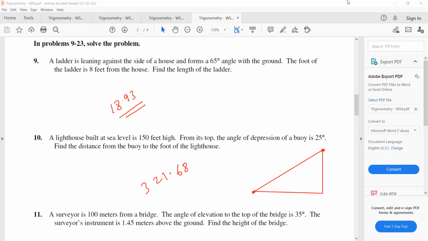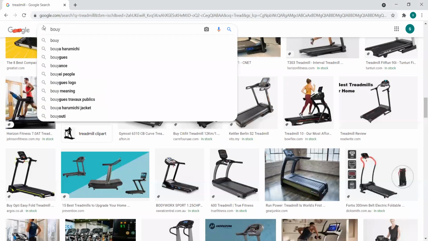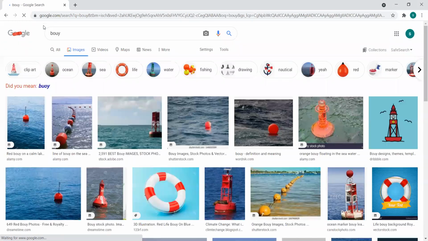It's a rubber-made thing to float on the water. Anything that floats on the water.